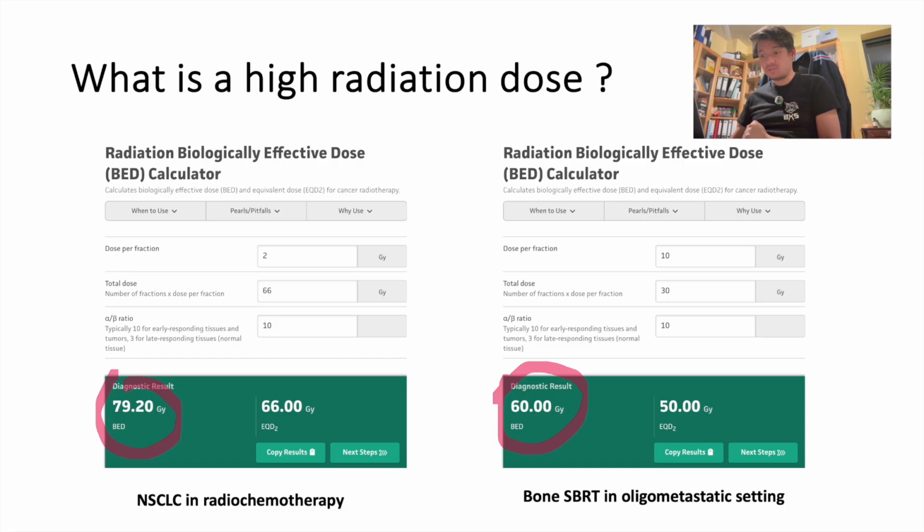On the left, you have lung cancer treated with chemoradiotherapy, and you can see that the BED of this treatment is around 80 gray. And for bone SBRT in the oligometastatic setting, you can sometimes use 30 gray in 3 fractions, sometimes 35 gray in 5 fractions.